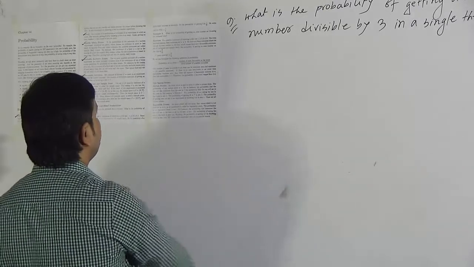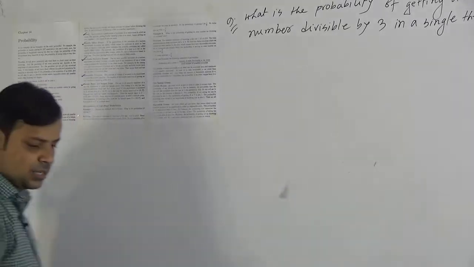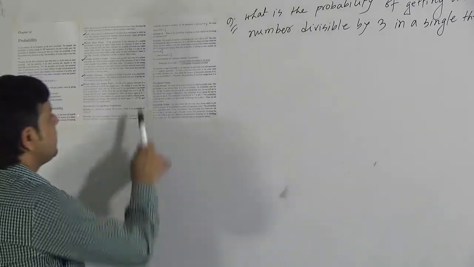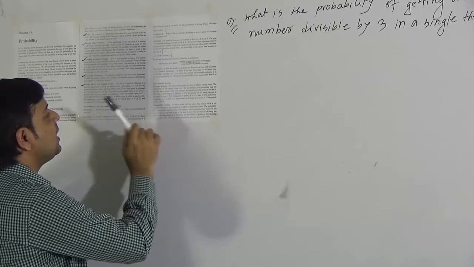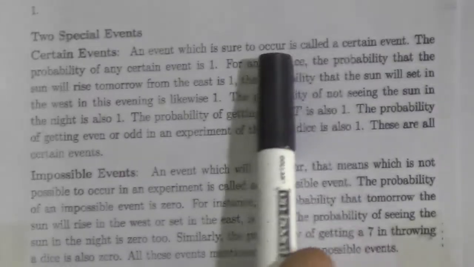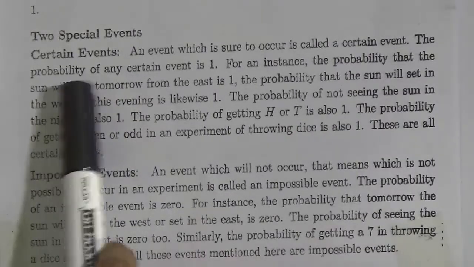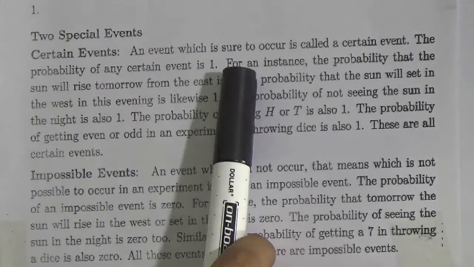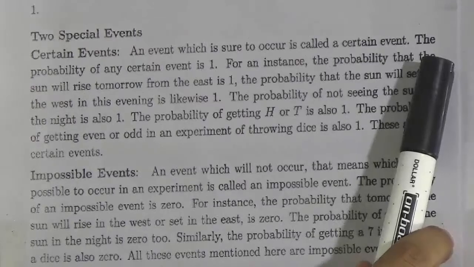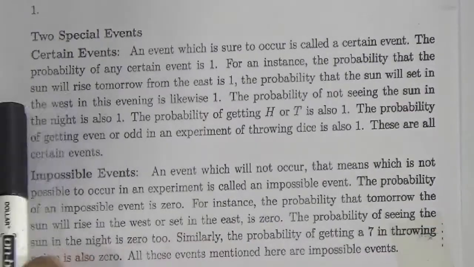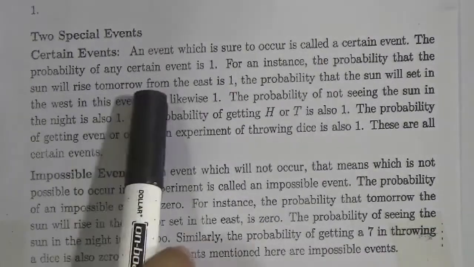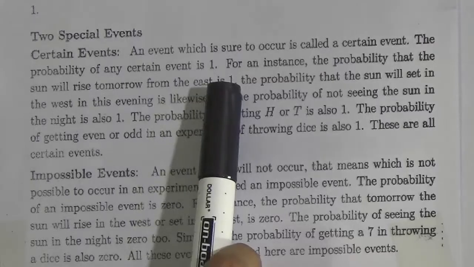Two special events are given here. What are the two special events? First one, certain events. Dear students, an event which is sure to occur is called a certain event. The probability of any certain event is 1. For instance, the probability that the sun will rise tomorrow from the east is 1.